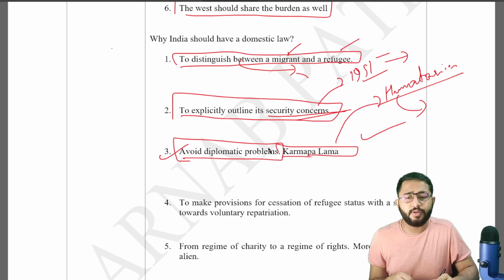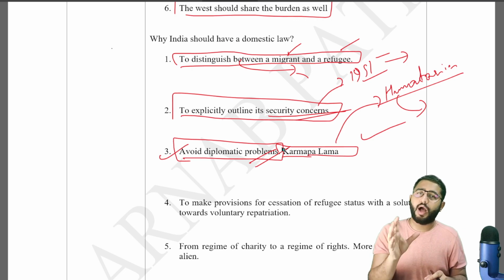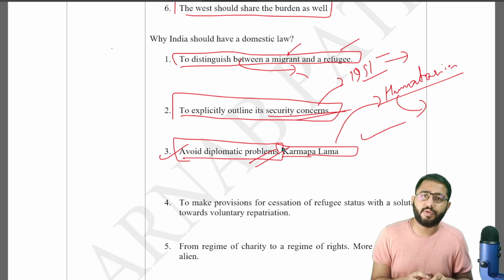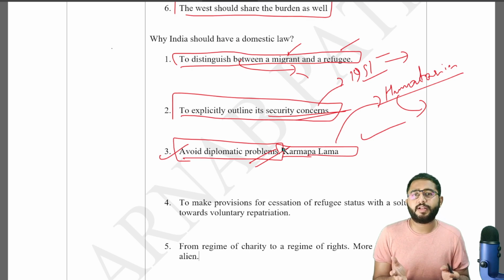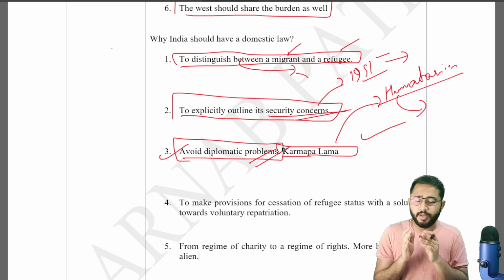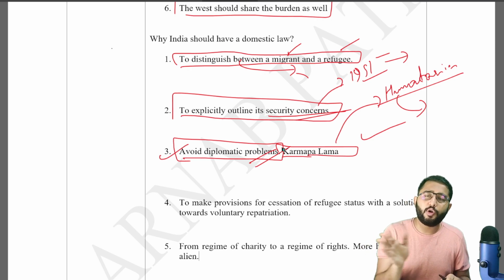By doing so, they eliminate all such problems where someone else can claim, how are you giving them refuge when these are problematic people from our country, right? India is a sovereign country, so India gets to make all these decisions, and by outlining these decisions in a domestic refugee law, they avoid all such diplomatic problems.